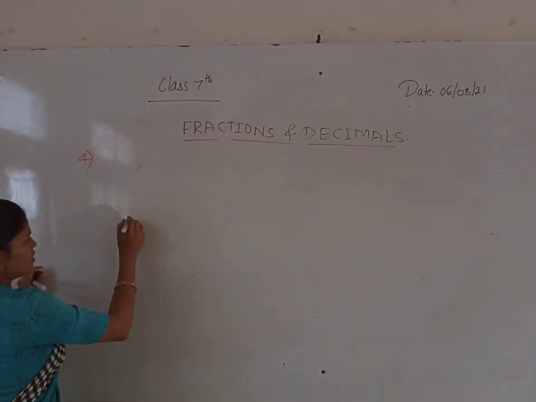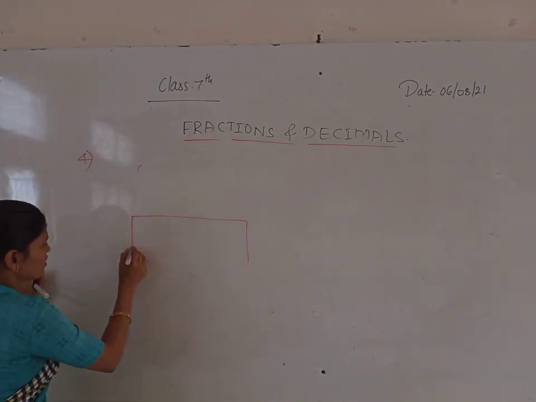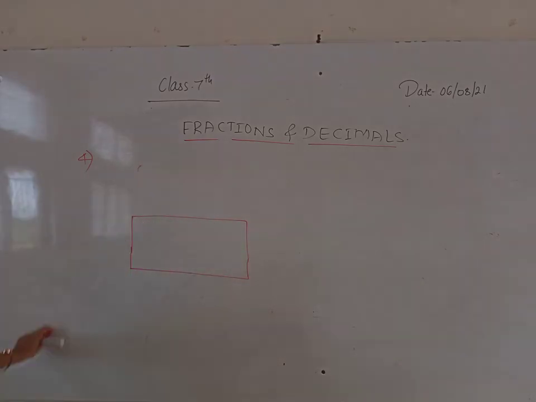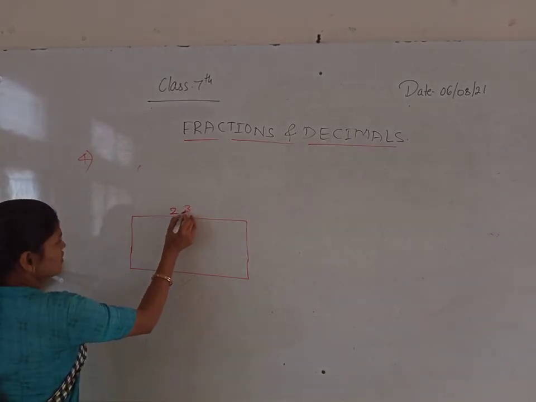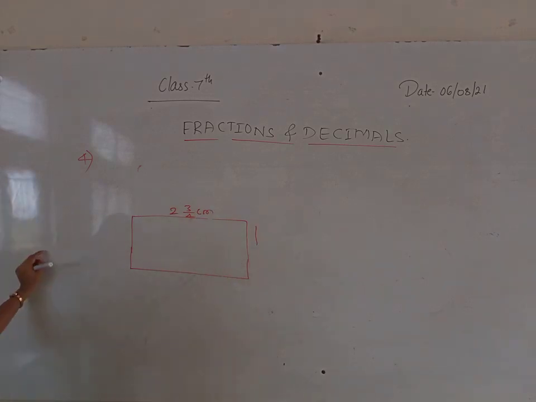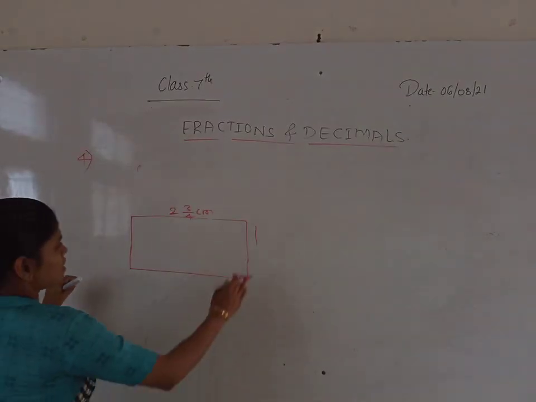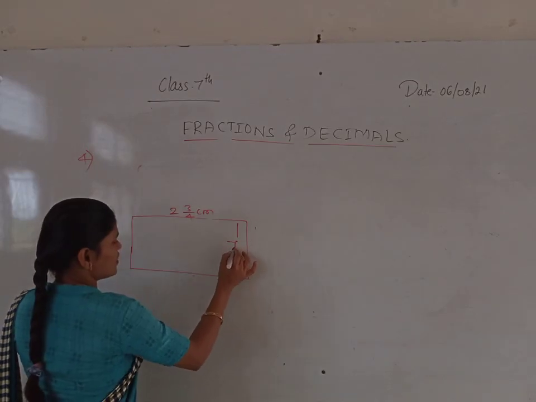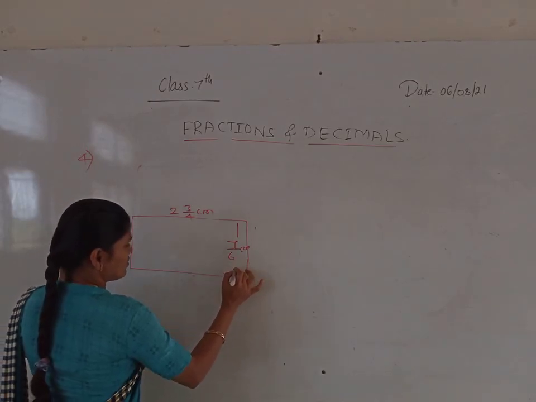So there is a rectangle here. What is its length? The length is 2 integer 3 by 4 centimeter. What is the breadth? The breadth is 7 by 6 centimeter.